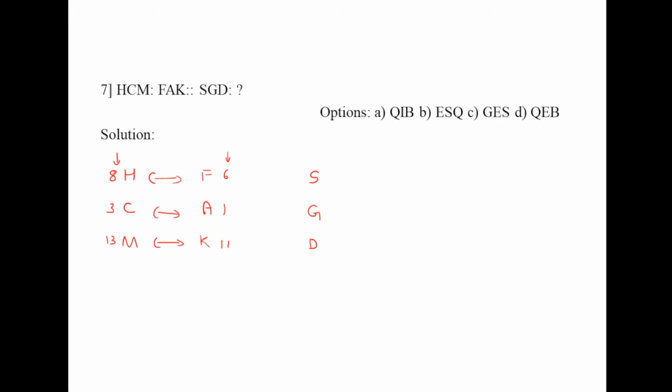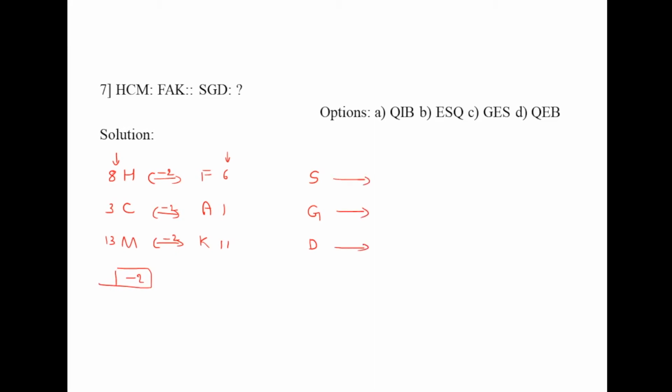What is the relation? 8 minus 2 becomes 6, 3 minus 2 becomes 1, 13 minus 2 becomes 11. So the logic is minus 2. Maintain the same relationship to find the asked question.